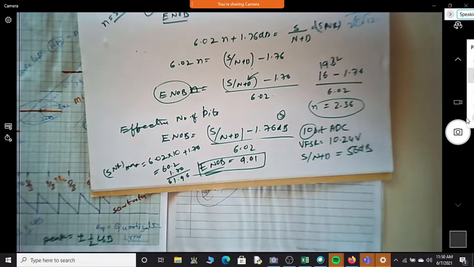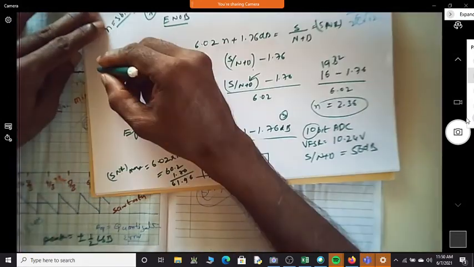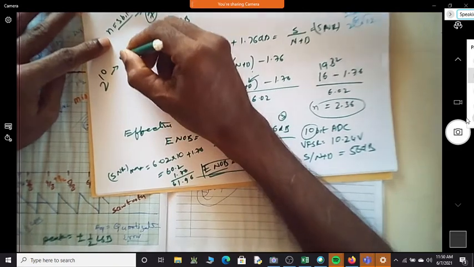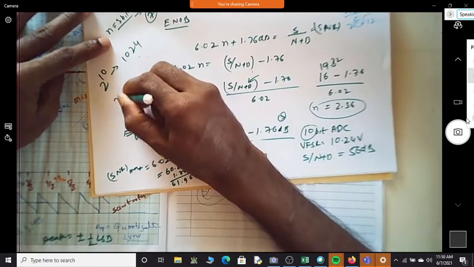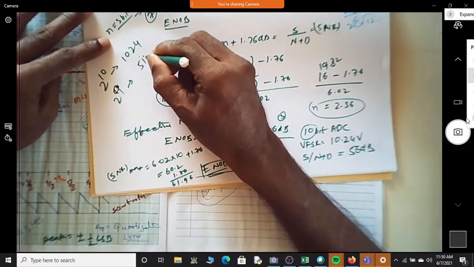Exactly. So what do you actually mean by this now? It has been reduced by 1 bit. What do you mean by 2 power 10? What is 2 power 10? It is 1024. Sorry, 2 power 9 is 512.